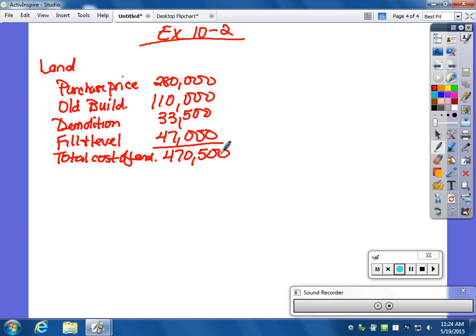Now we need to do the cost for what? The land improvements and what else? Did you buy a new building? Oh, and paving. So what's the first cost that I need to do for land improvement and new building?